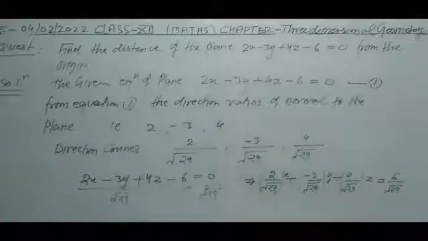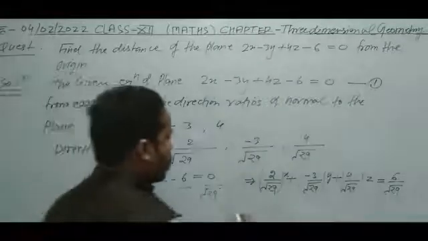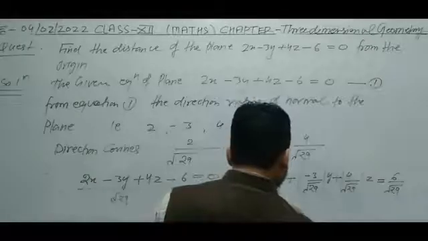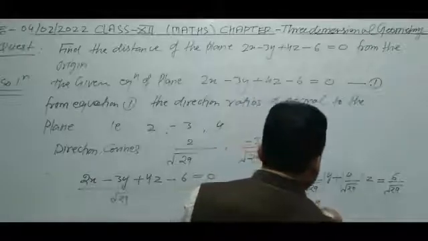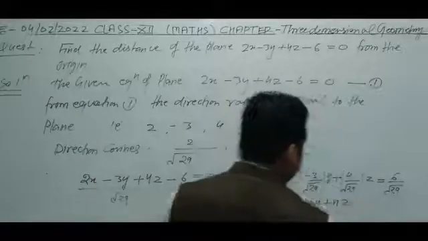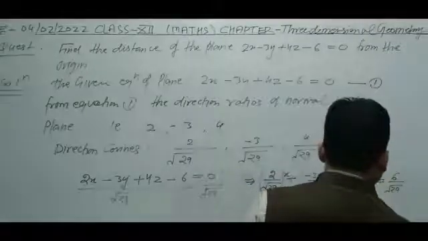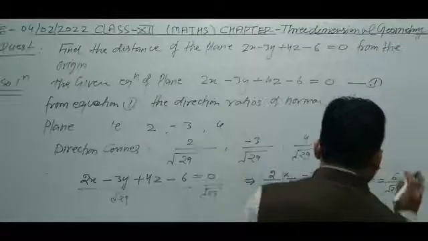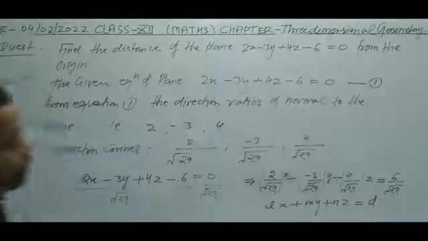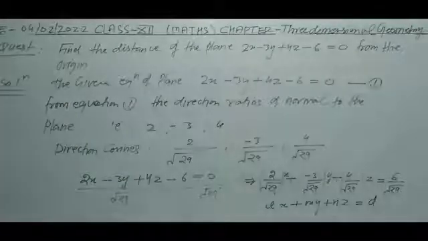And now this is lx and this is my and this is nz is equal to d form. Now the distance of this plane from the origin, what can we write?